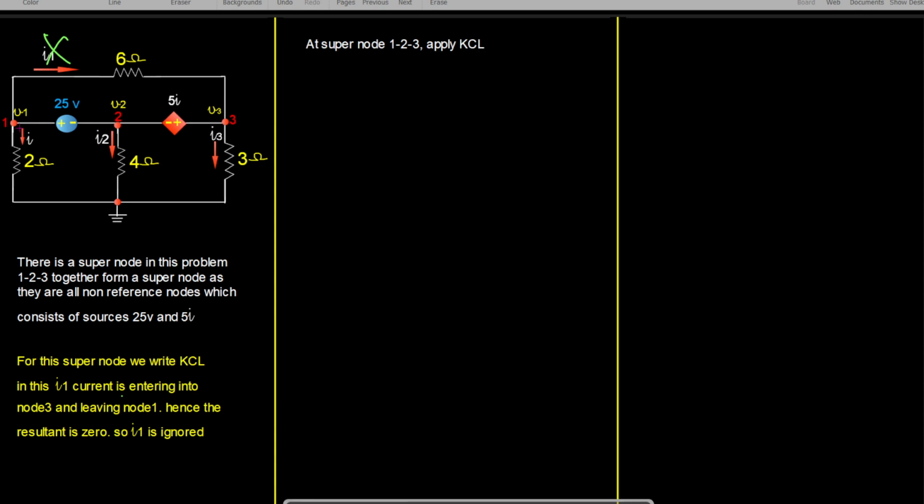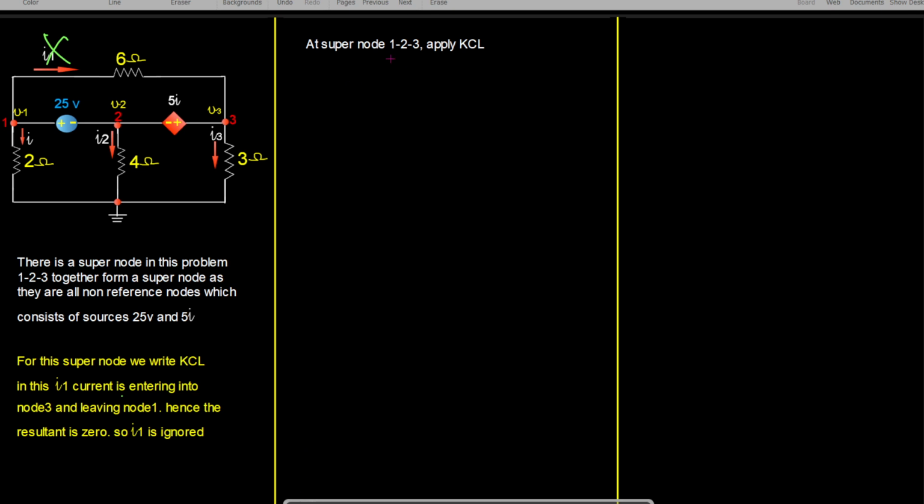So what are the other currents leaving or entering the 1, 2, 3 node? There is no entering current. The leaving currents are I, I2, and I3. So we can write the KCL now.